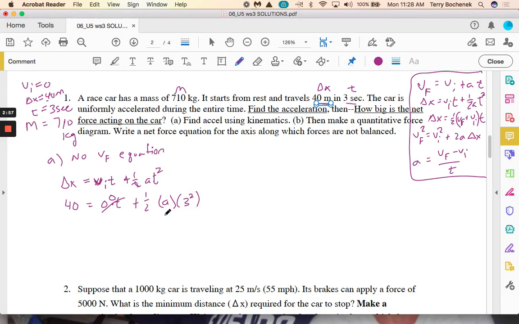So this is going to be 40 equals 1/2 times a times 9. So if I do the math, multiply both sides by 2 to get rid of this half. So 2 times all of that cancels the half. 2 times that is going to be 80 equals 9 times a.